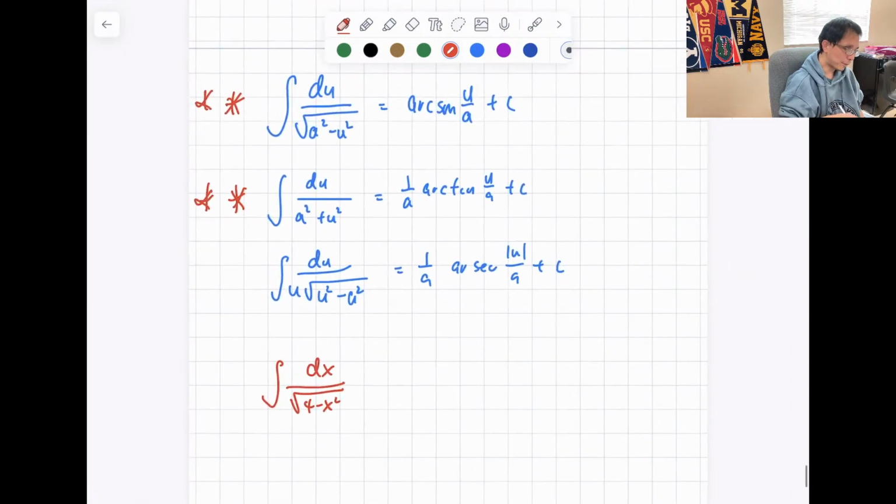So which formula does that look like? The first one, the second one, or the third one? First one, good. And this only takes 10 seconds to do.